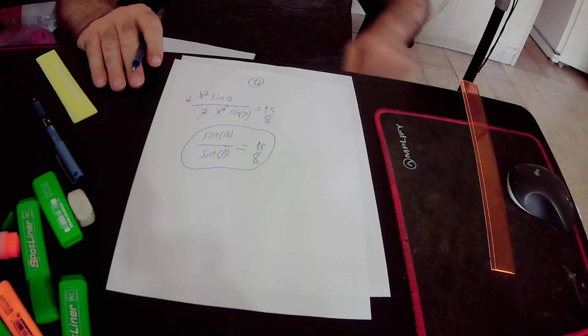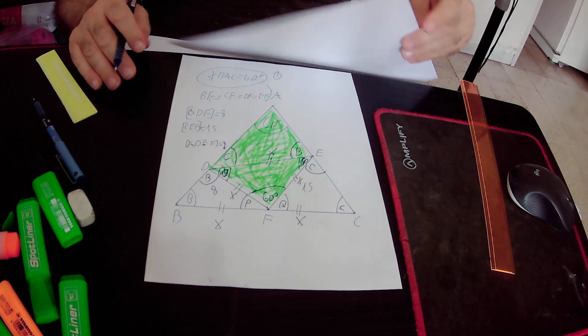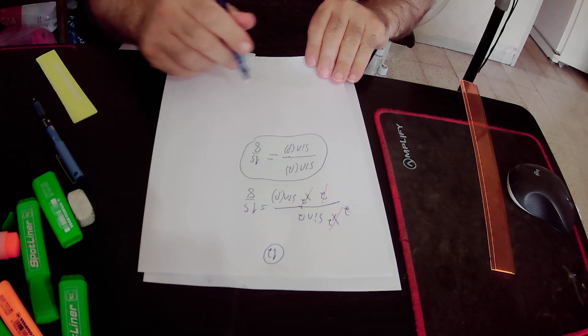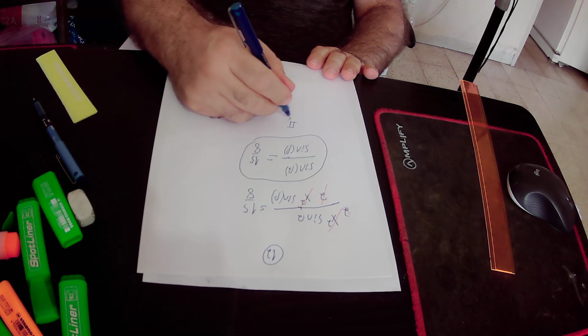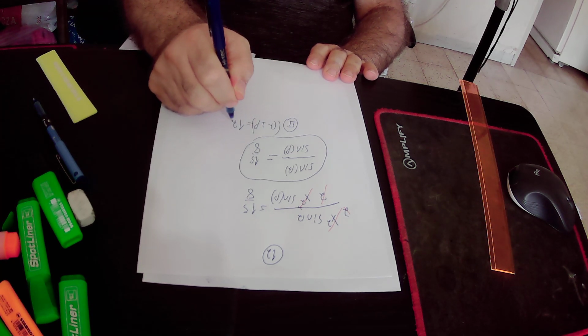But we have already found out in equation number 2 that q plus p equals 120 degrees.